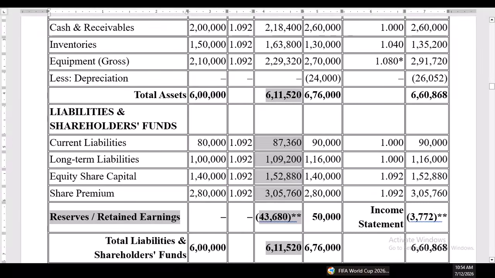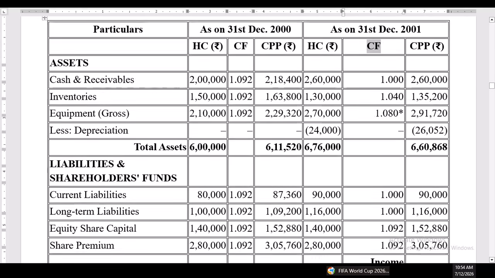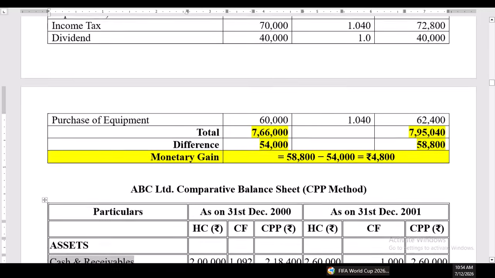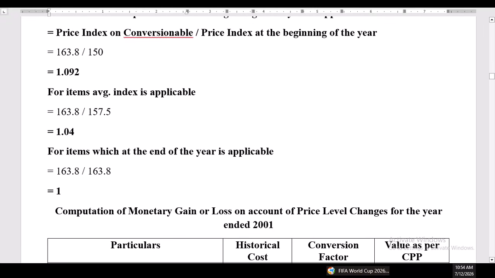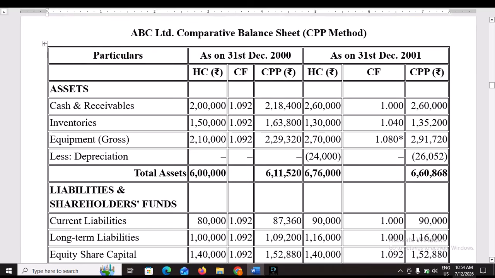After this, the conversion factor for the closing balance. Very simple. Cash and receivables are monetary assets, so the closing conversion factor is 1.00.